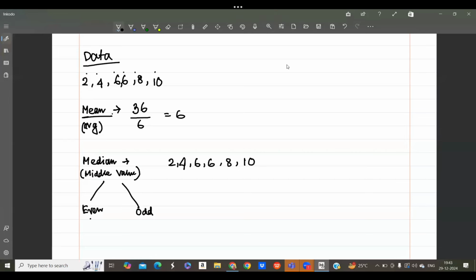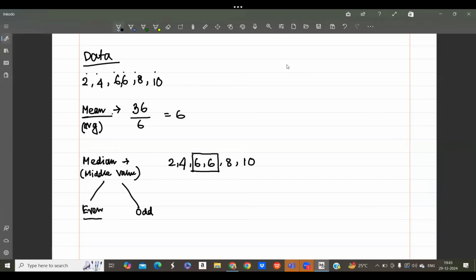When you have even number, then we need to find out the average of two middle value. Okay. Now here we have 6 and 6. You might have something else. You might have 6 and 7. In that case, you need to find out the average of 6 and 7. Okay. If you have even number of data points.